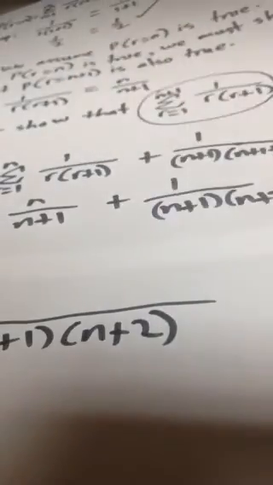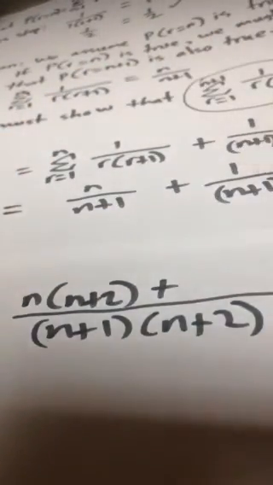Now the common denominator of n plus 1 and n plus 1 by n plus 2 will be n plus 1 by n plus 2. Remember, what we're trying to show is this, n plus 1 over n plus 2.